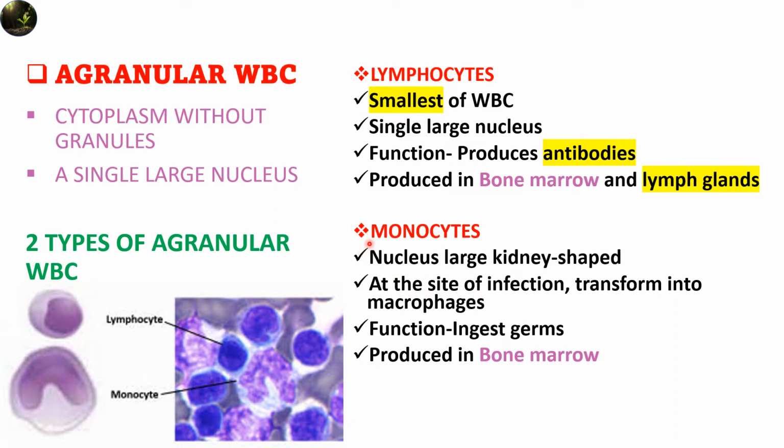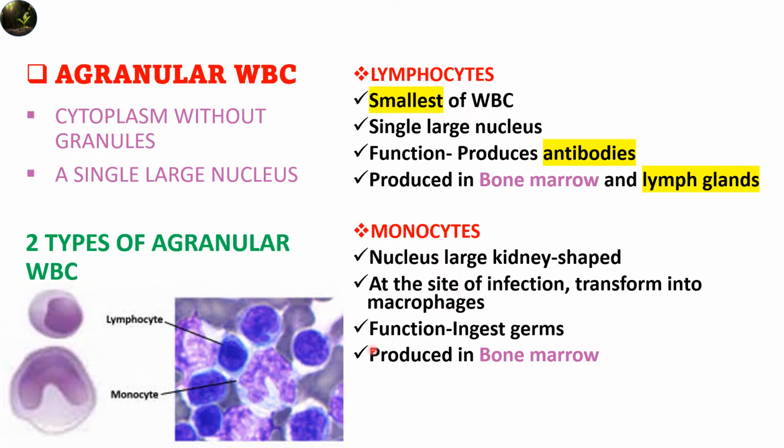Then the other agranular WBC is monocyte. You can see that in this picture. Yes, that is the kidney shaped nucleus you can see here. Monocytes have a kidney shaped nucleus. There are no granules; the cytoplasm has no granules. At the site of infection, it will transform into macrophages.